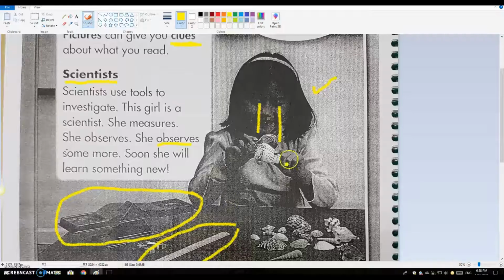What else? Taste? Is she eating it? No, I don't think so. And touch? Is she touching it? Yes, she is. Okay, so she's touching it, and she's using her sense of touch and her sense of sight.